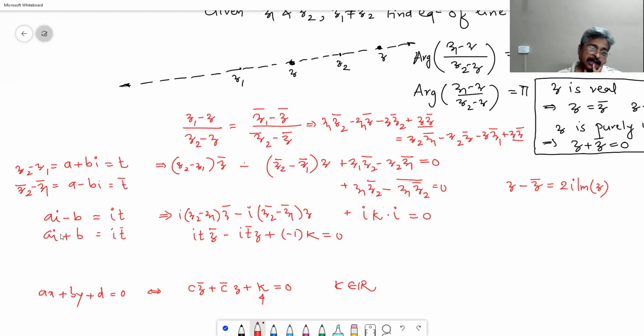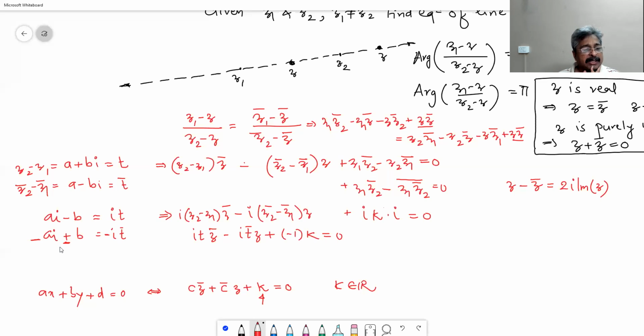Okay. Now look at this. Suppose I t bar, if I make it minus i t bar here, then this sign also will become minus and this sign also will become minus. Yes or no?